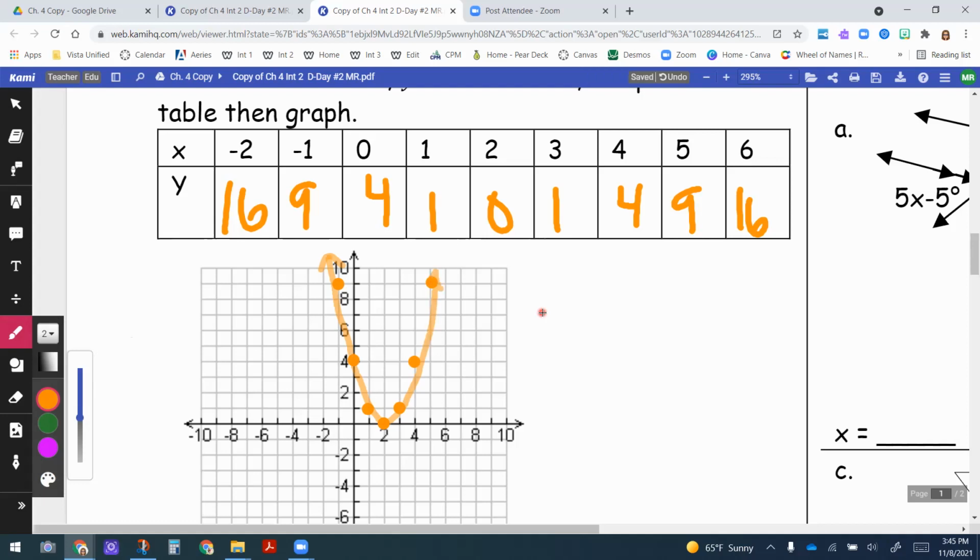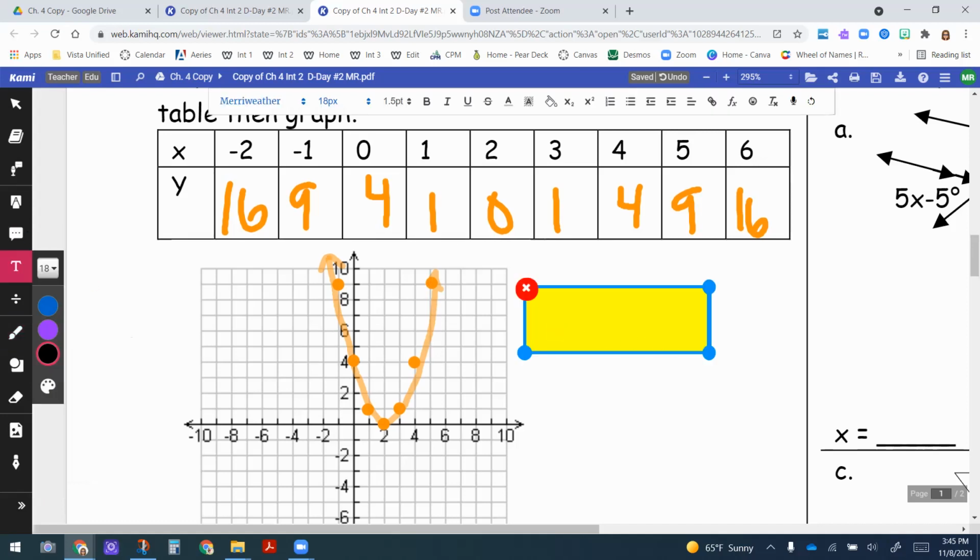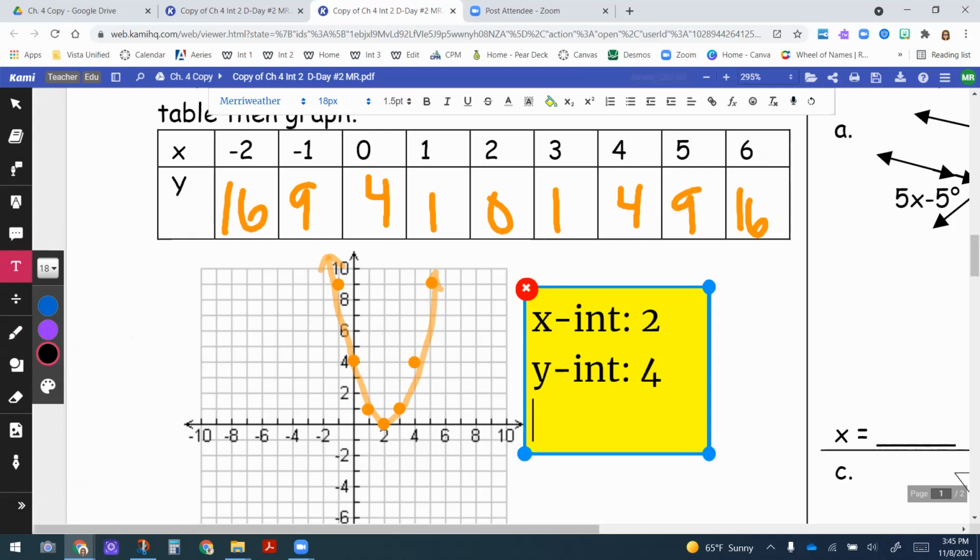Okay, now some things that they might ask us, they didn't ask us on this, but they could ask us for an x-intercept. And my x-intercept in this case is 2. A y-intercept. The y in this case is a 4. Then the vertex, but we haven't really talked about that.